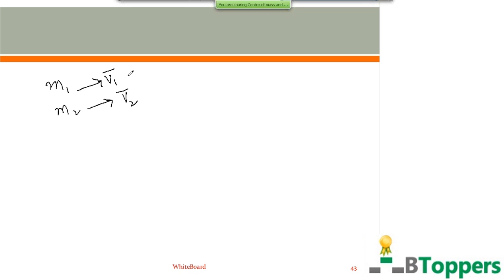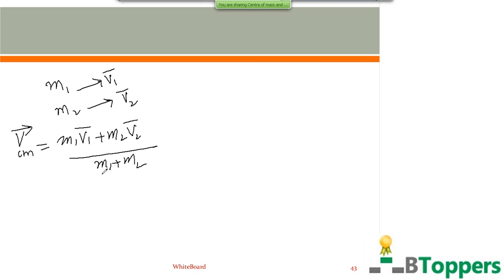The second particle of mass m2 is moving with velocity v2 bar with respect to the stationary observer on the earth. The velocity of the center of mass of the two particles with respect to the laboratory frame of reference is given by m1 v1 bar plus m2 v2 bar by m1 plus m2.